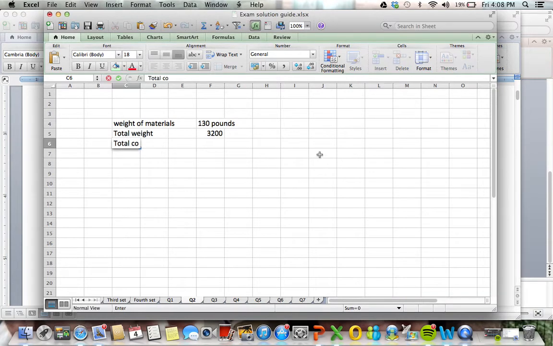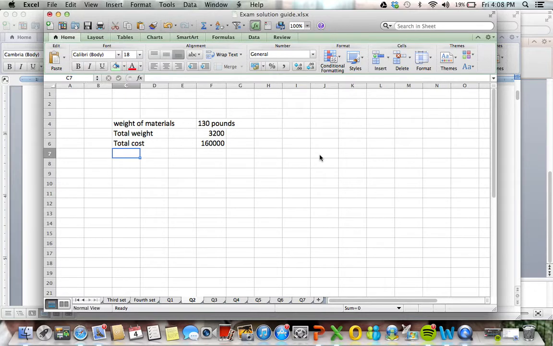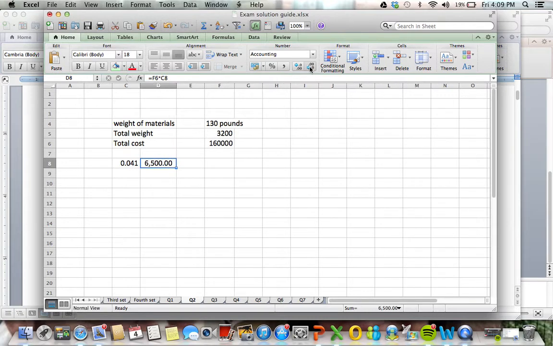So the idea is that we're really using only 130 out of 3,200. That's how much we're using for this job. And the overhead assigned to this activity was 160,000.